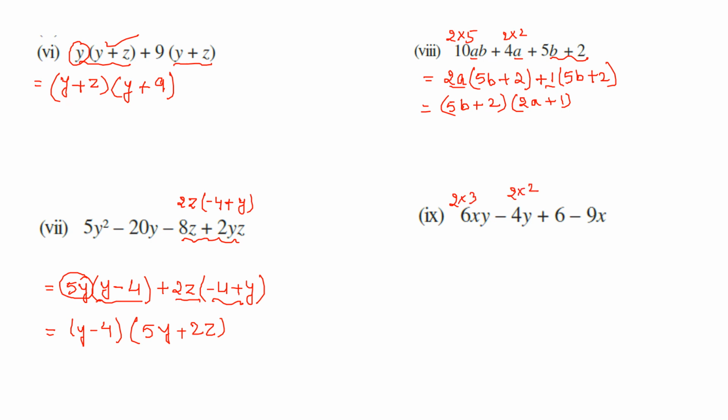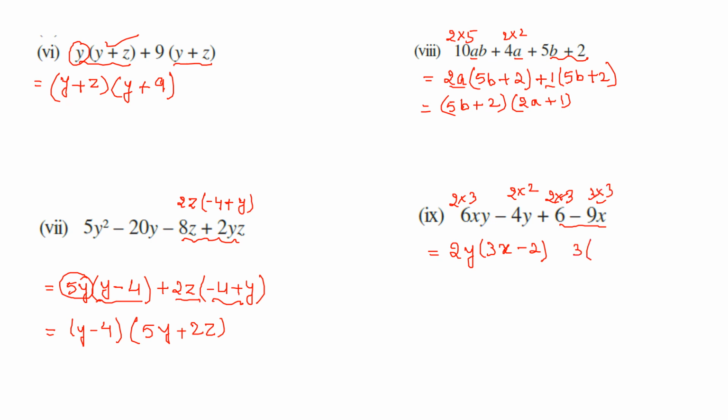So from here I can take 2y common. If I take 2y common, I will be left with 3x minus 2. Now in the second two terms also I have to get 3x minus 2, isn't it? In 6 and 9, I can see 3 is the common factor. I can write it as 2 into 3 and this I can write as 3 into 3. So I can take 3 common over here.